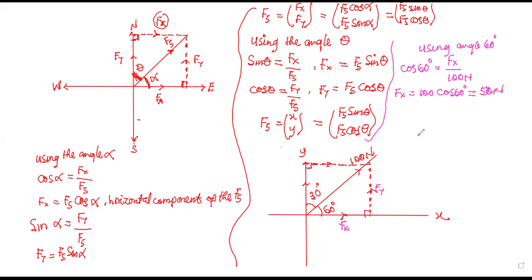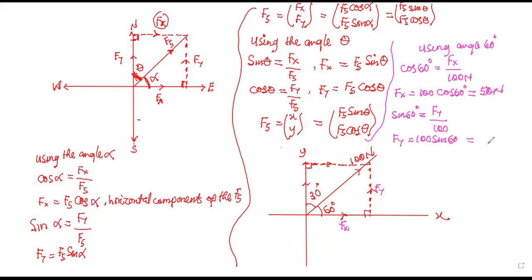Now, if I want the vertical component Fy, I must take sine of the angle 60. Sine is the opposite, Fy, over the hypotenuse 100. Therefore, Fy is equal to 100 times sine 60.